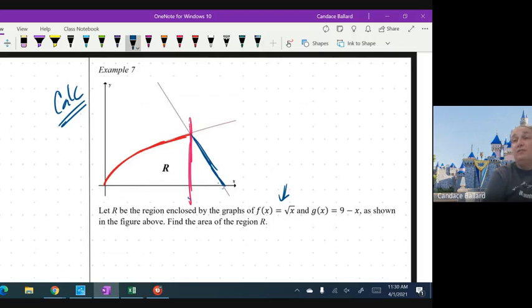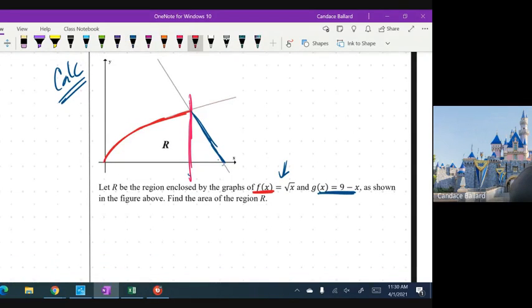All right, F is in fact the red one. Okay, so that's the red one. And that would mean by default, this has to be the blue one. Good. All right, so I know that I have to integrate from something to something, square root of x dx.